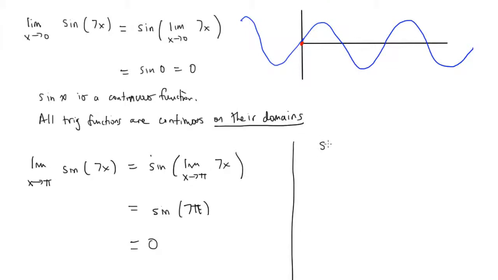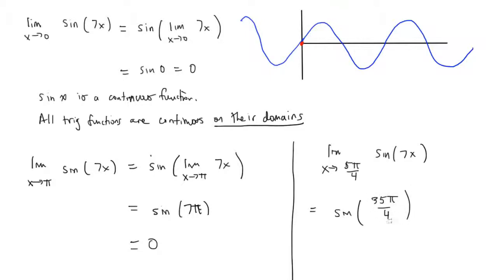So let's do a different one. Let's say that we had the limit as x goes to something like, let's say, 5 pi over 4 of sine of 7x. Then we'd plug that in, and so we'd get sine of 35 pi over 4.